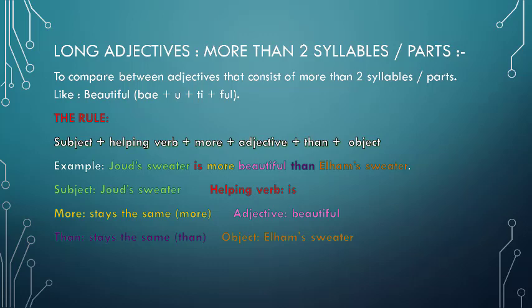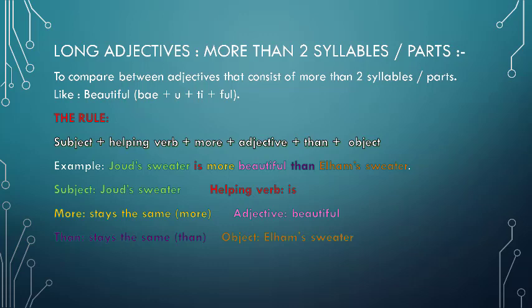Now the rule here says you have to start with a subject, then add a helping verb, then add more, then the adjective, then you have to add than, and finally the object. Here's an example. Jude's sweater is more beautiful than Ilham's sweater.